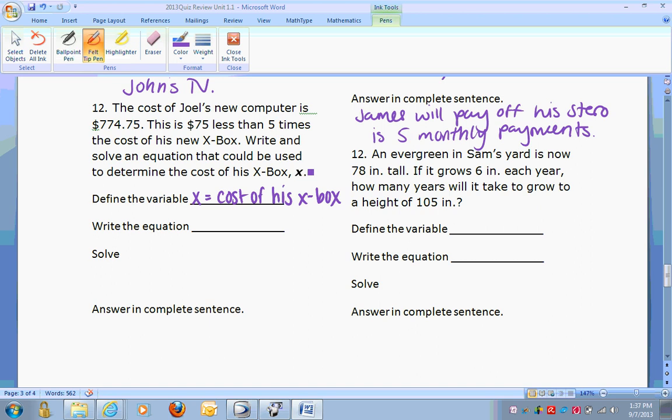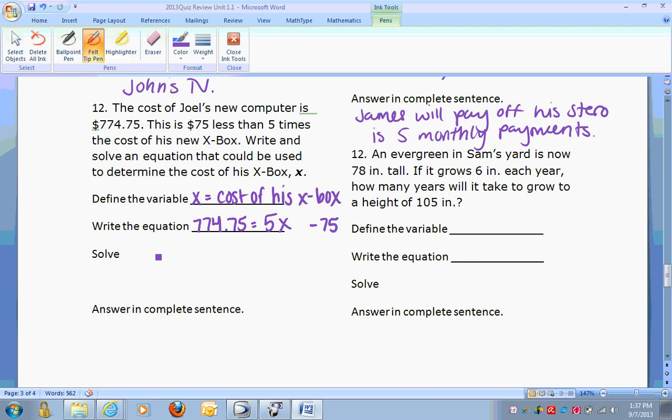They tell us that in the problem. Now they want us to write an equation. Well, the cost of his computer was $774.75. And that's equal to 75 less, so that means I'm going to be subtracting 75 from 5 times his Xbox. So 5 times X, the cost of his Xbox, minus 75.